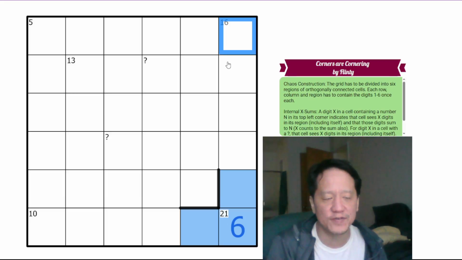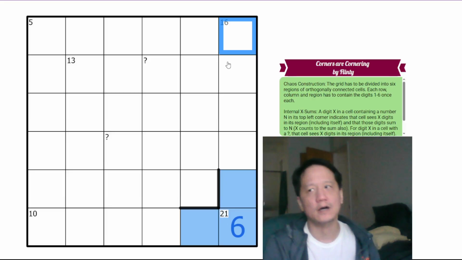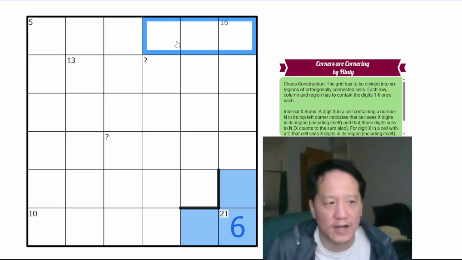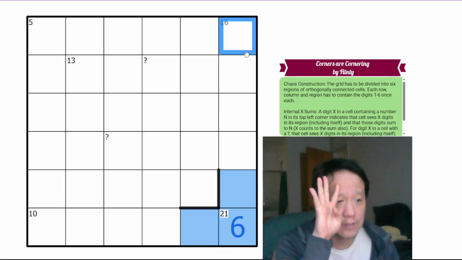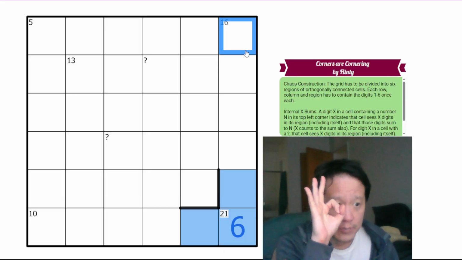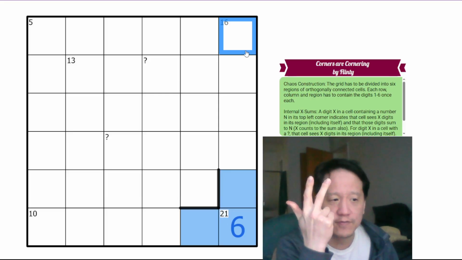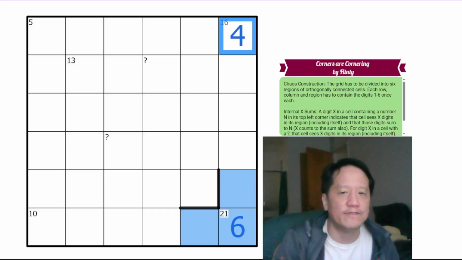One adds up to 15, the other adds up to 17. You can never add up to 16 with 5 digits. You can't add up to 16 with 3 digits either, because 4, 5, and 6, the maximum you could have for 3 digits, adds up to 15. So this must be seeing 4 digits here.